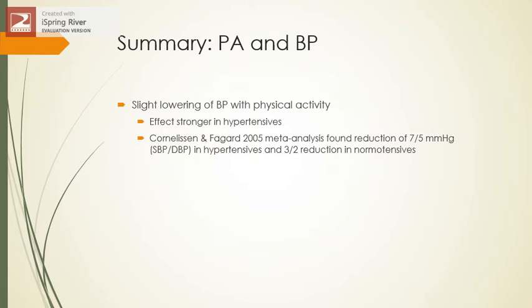So again, if somebody is hypertensive, there's going to be a little bit stronger effect, but 5 millimeters of mercury is a fairly small amount. If somebody's blood pressure is 150 over 90, that might drop them down to 145 over 85, but the magnitude is pretty small.